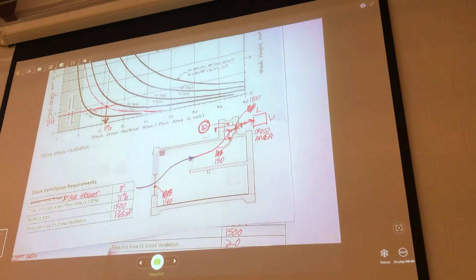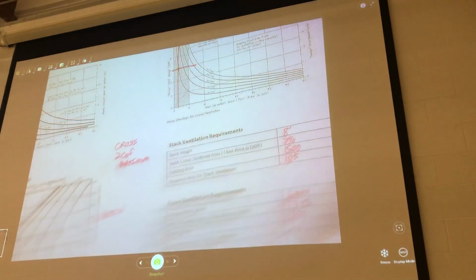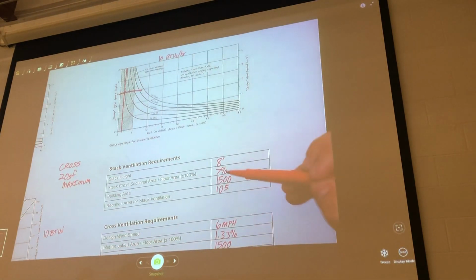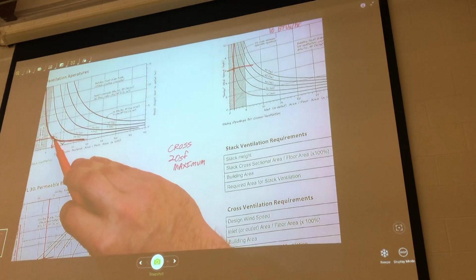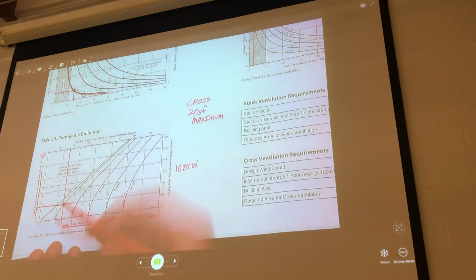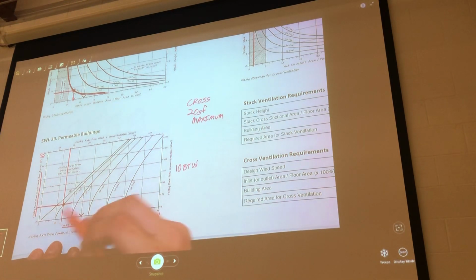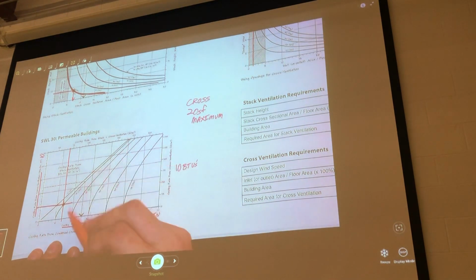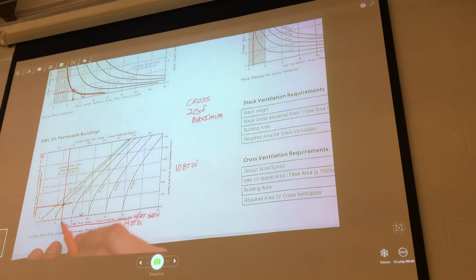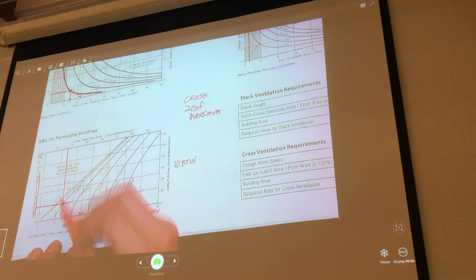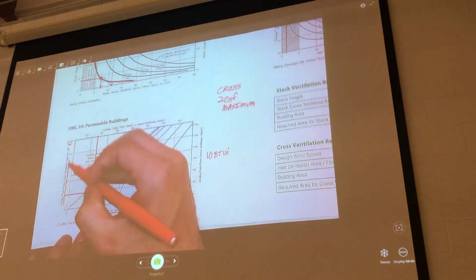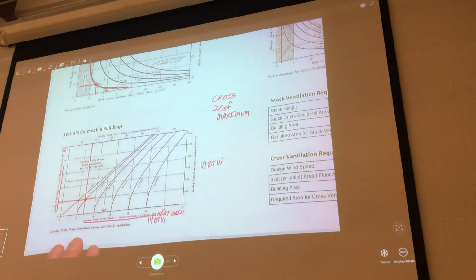Let's say that I can only do 100 square feet. You would then go 100 square feet, figure out what that percent is, figure out how many BTUs that gets rid of, come down here, and instead of going with our cross ventilation, we would draw, okay, what's the BTUs that's coming from our stack, draw our line for 14%, where it intersects, come across for cross, and then move forward.